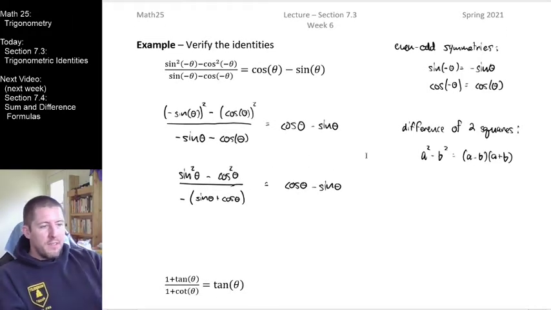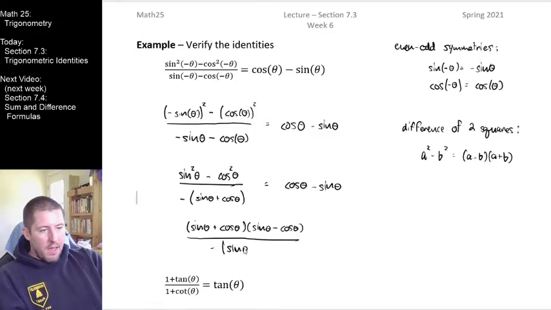But this difference of two squares says to me that I can rewrite this now as sine of theta plus cosine of theta times sine of theta minus cosine of theta. That's my difference of two squares factored form, all divided by negative sine of theta plus cosine of theta. This is equal to cosine of theta minus sine theta.